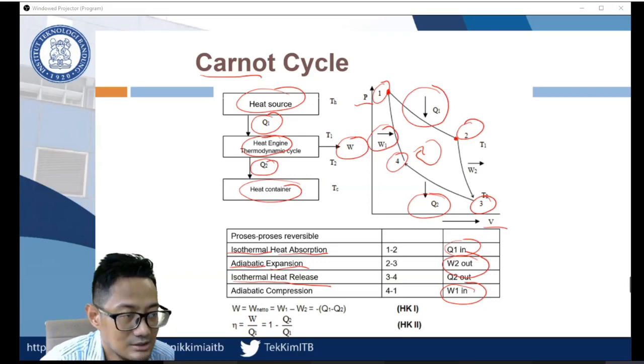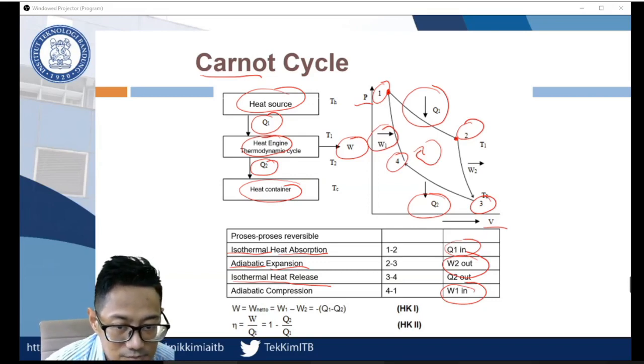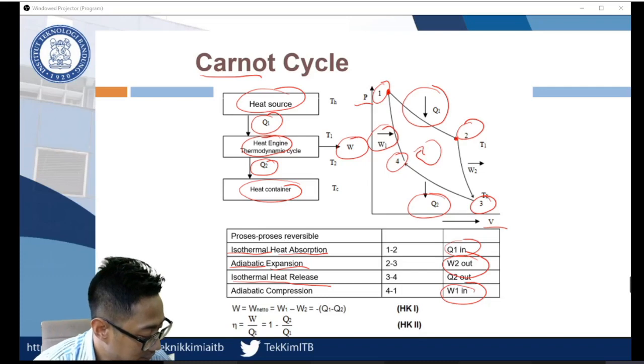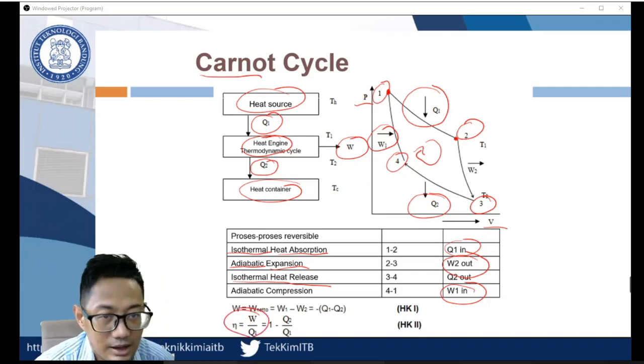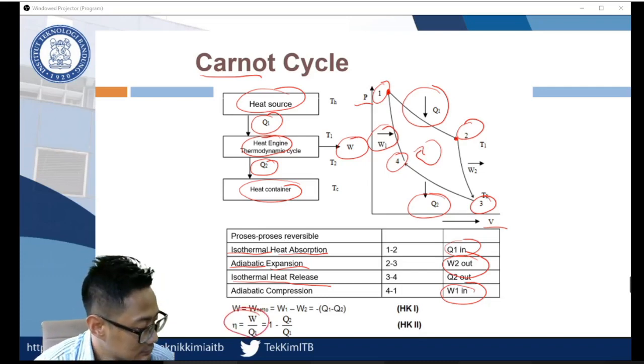Okay, in this case, this is clockwise. The next one is related with the work. Remember, the efficiency is net work. So work netto means work out minus work in.